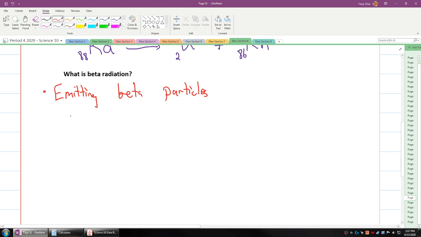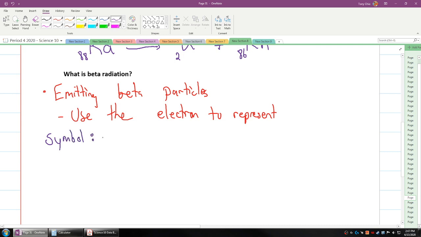They are negative charge, and because of that, we can actually use the electron to represent it, because it is represented by an electron. So because of that, the symbol we use is no longer alpha. The beta symbol ends up being a B with a tail, and it has no mass.